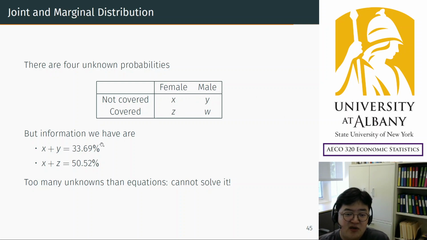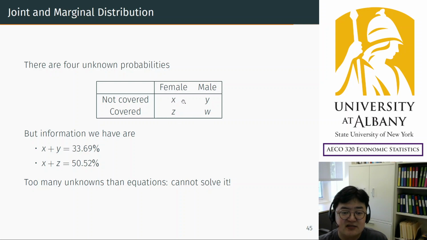And then from here, if you calculate the probability of not having health insurance from the full distribution, you are going to add x plus y. So the information we have can be written as x plus y equals 33.69%. And we know that the probability of female is 50.52%.